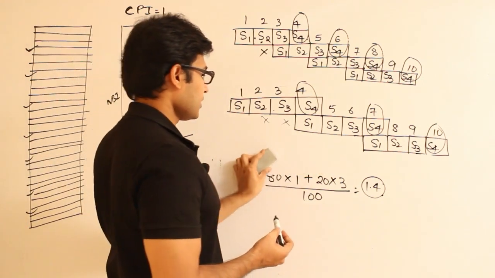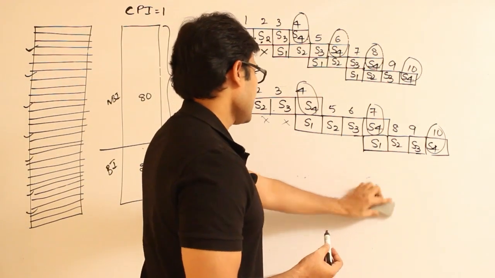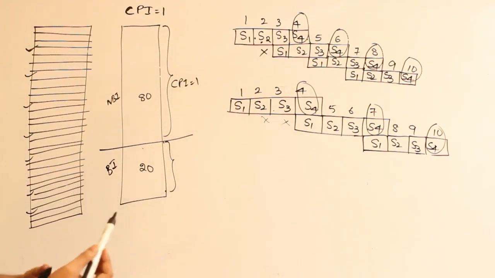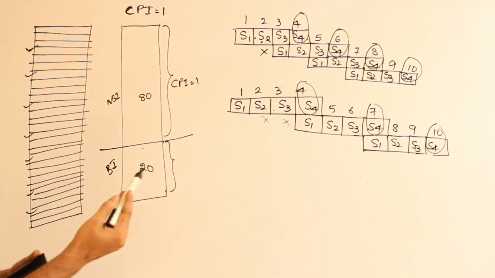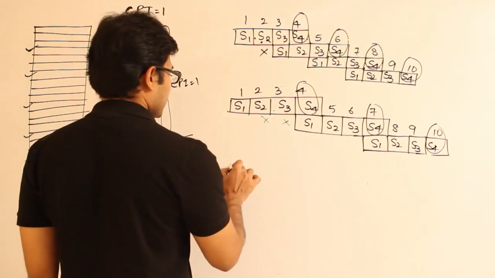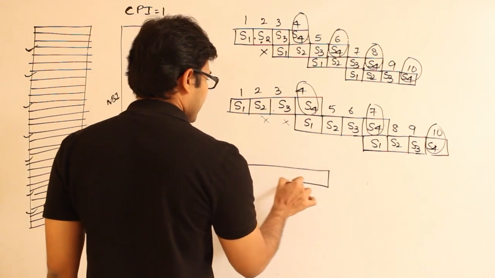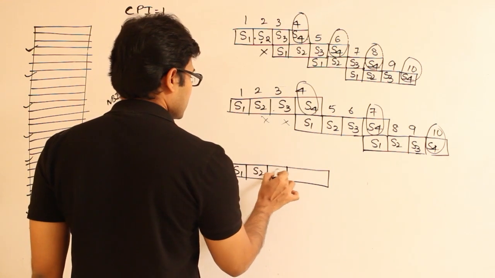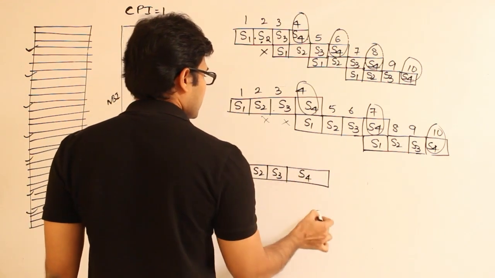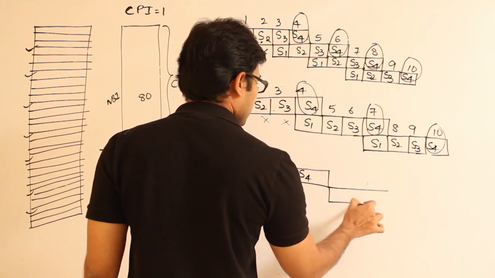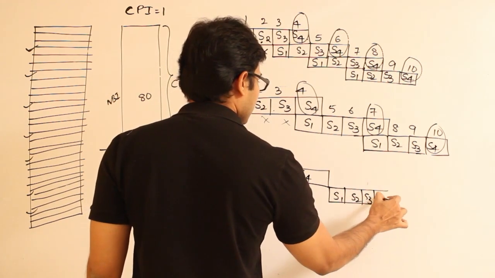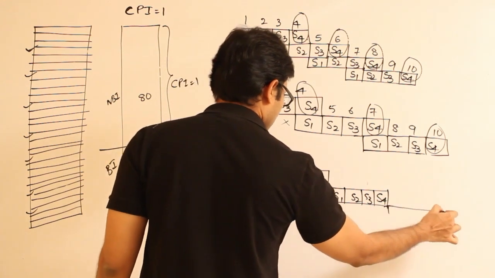Let us say if you are pessimistic, and if you say that the target instruction address will not be known till the last phase, until you finish the execution of the last phase, then what happens? Then S1, S2, S3, S4, and the next instruction can start only here, right?